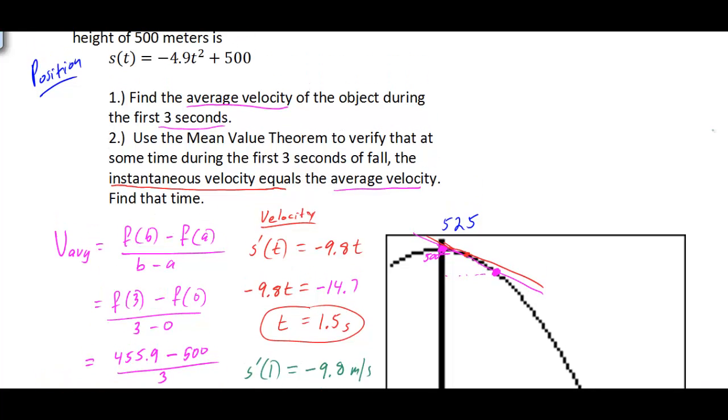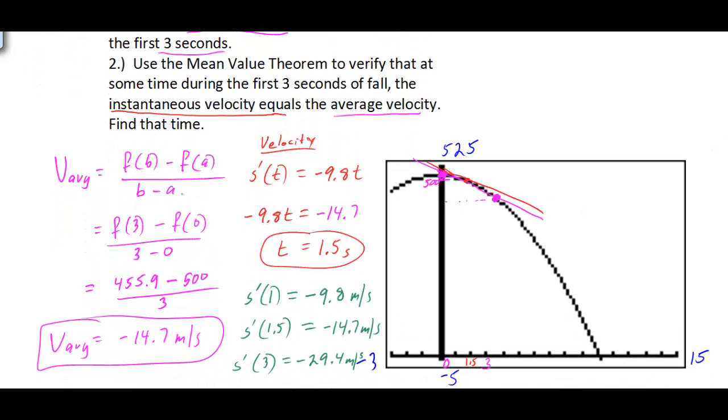We found the average velocity for the first 3 seconds simply using the slope formula, y2 minus y1 over x2 minus x1, and we had a negative 14.7 meters per second. And to find the instantaneous velocity, we simply took the derivative, set it equal to the negative 14.7, and found that at 1.5 seconds, the instantaneous velocity is equal to the average velocity.